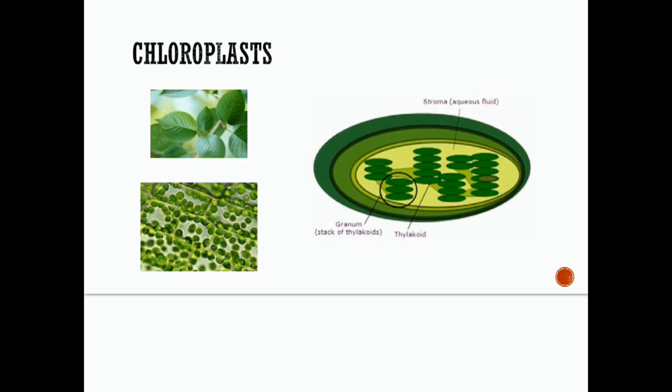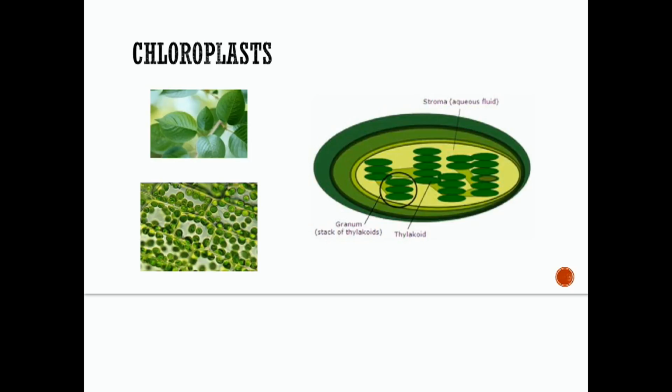They contain stroma, a light green fluid, and stacks of thylakoids. A thylakoid is one of these little green ovals, and a stack is called a granum. Chloroplasts are filled with chlorophyll, which gives them that green pigment. They are the site of photosynthesis. So these chloroplasts are where photosynthesis goes down.